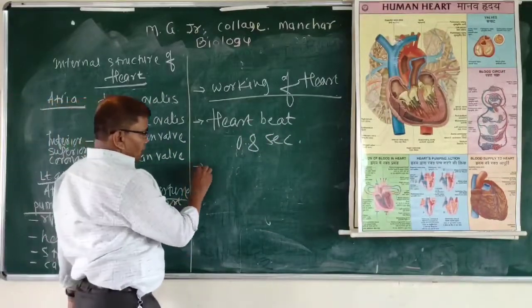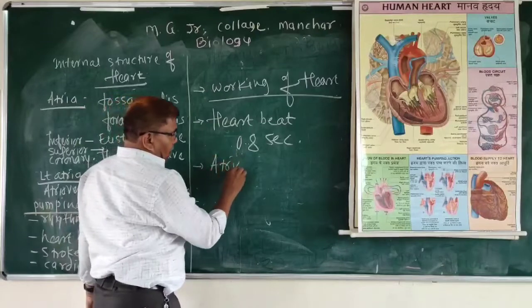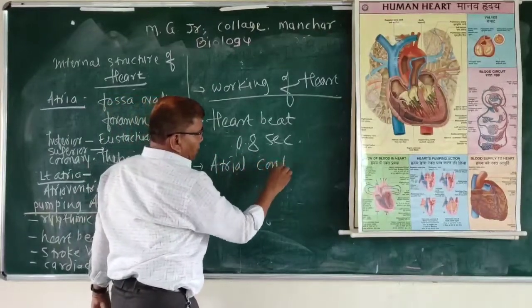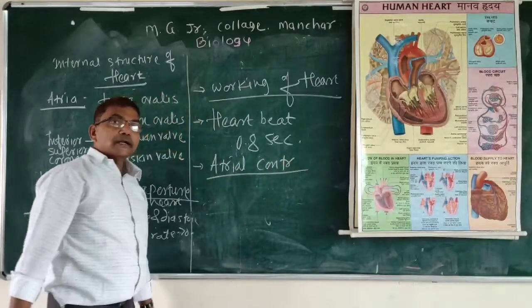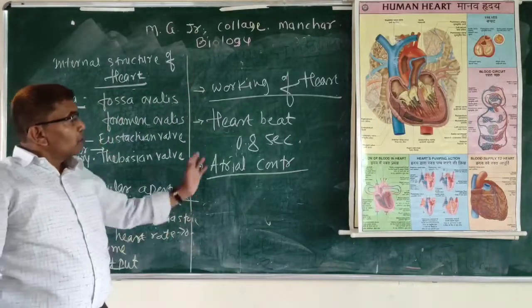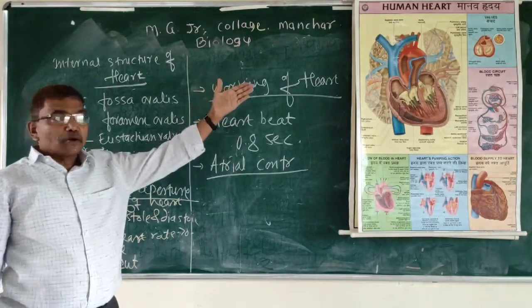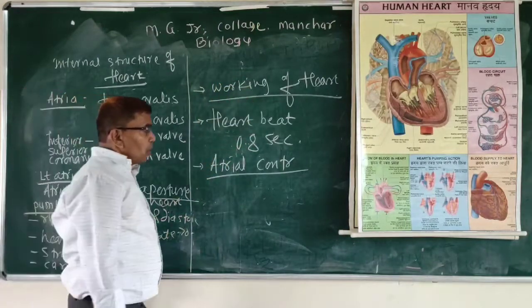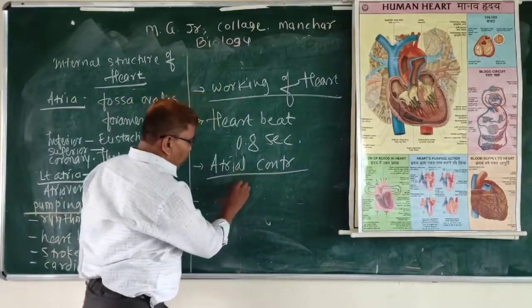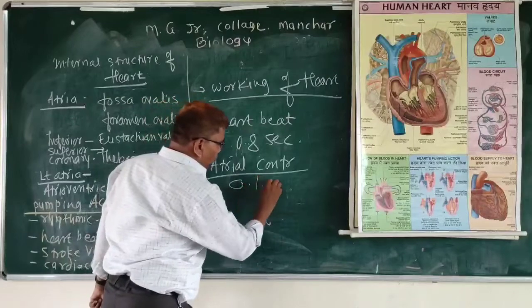First, atrial contraction takes place. The wave of contraction initiated from the SA node reaches all over the atrial wall, which requires 0.1 second.